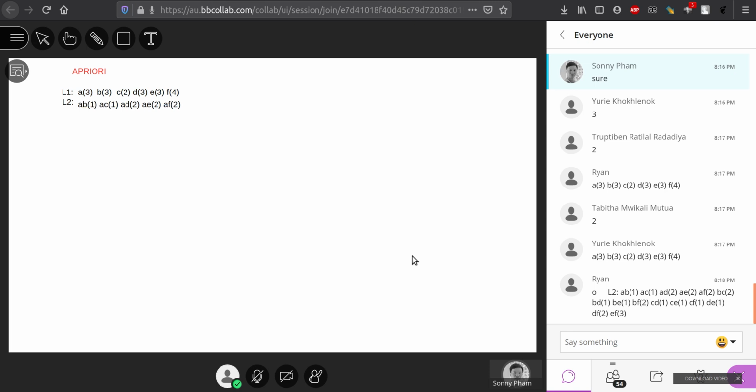And then the next one is BC, BD. And then the next one is CD, and DE. And the last one is EF, EF 3. All right, so this is level 2.